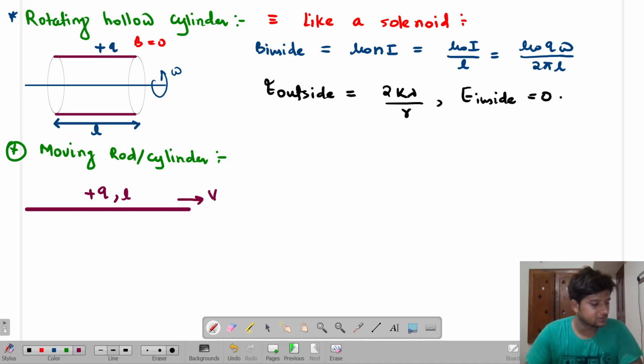Then find the electric field inside the rod, outside the rod, and magnetic field inside the rod, outside the rod, or magnetic field inside the cylinder, outside the cylinder. Everything has the same answer. Rod or cylinder you can consider like that. The rod is also the same thing, like it will have a hollow thing inside.